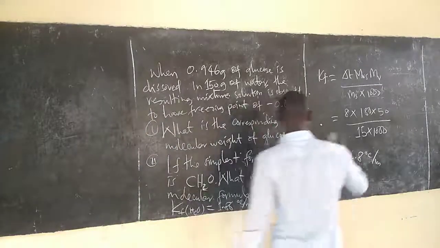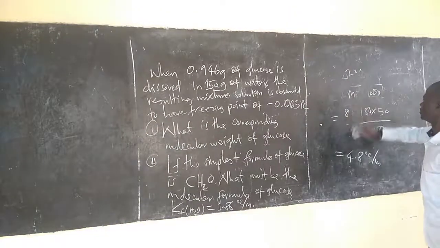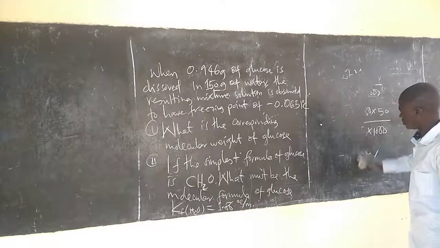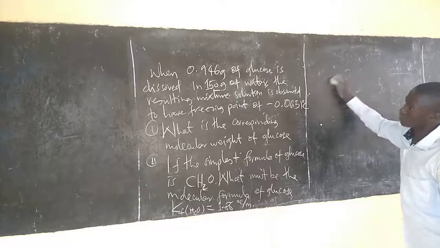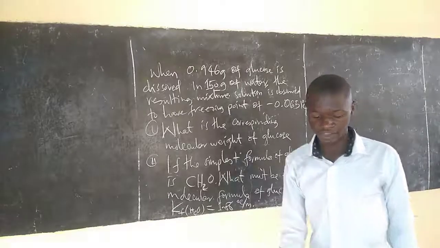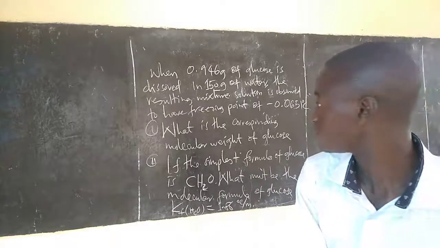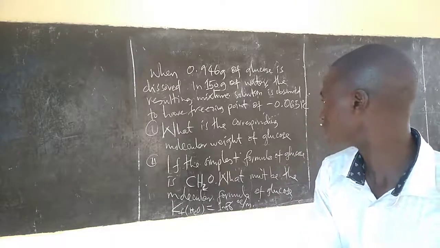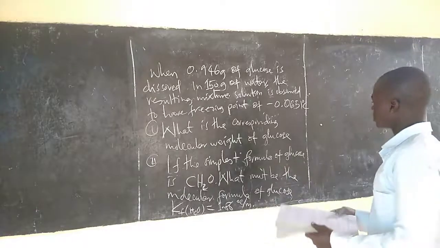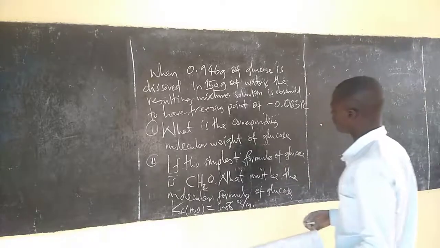So this is our question number 2. It says that when 0.946 grams of glucose is dissolved in 150 grams of water, the resulting solution is observed to have this freezing point.